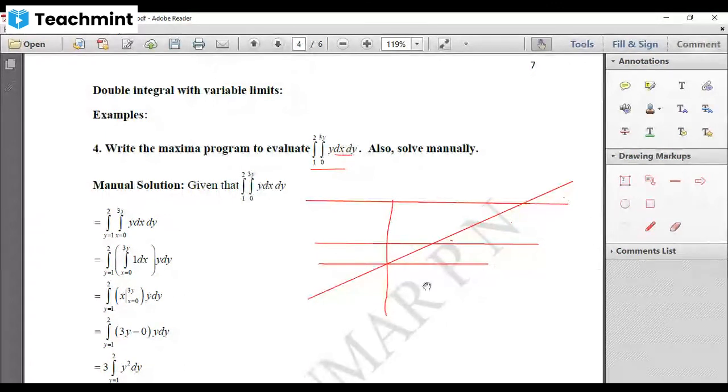Now see, what is the intersection of these curves? x equal to 0, this axis, all the points right to this. Okay, x equal to 3y, all the points above this. And y equal to 1, all the points above y equal to 1 line.